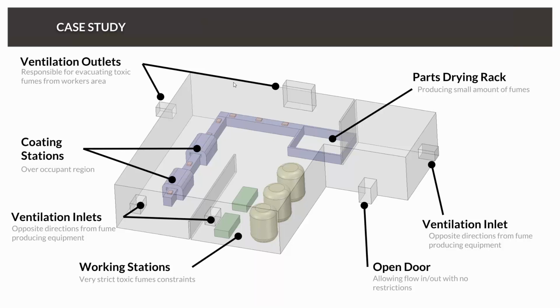And in this case, it's all about a small factory line, a small chemical processing line, where parts are coated using these two coating machines, and then some of the parts need to dry inside the rack. And later, in the part of the hall, we have some working stations where people are preparing and processing the coated part.